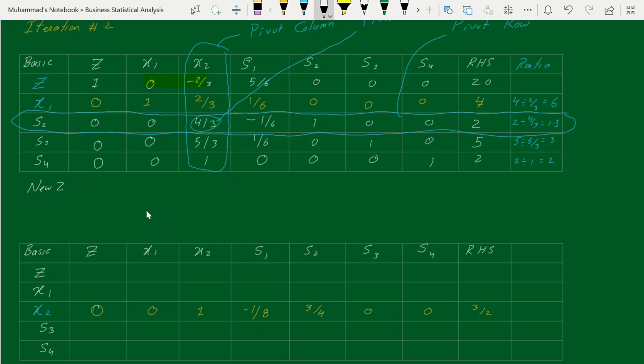New 0 will be equal to, so here we have 1, so new 0 will be equal to old 0 plus 2 by 3 new x2 row.